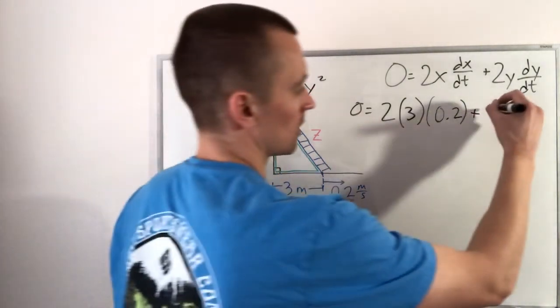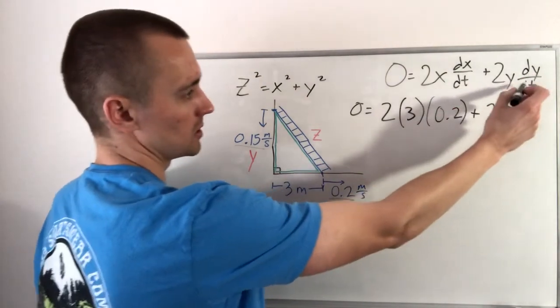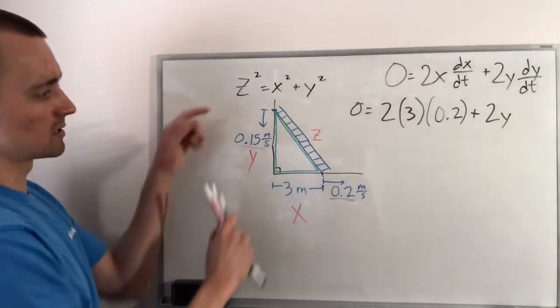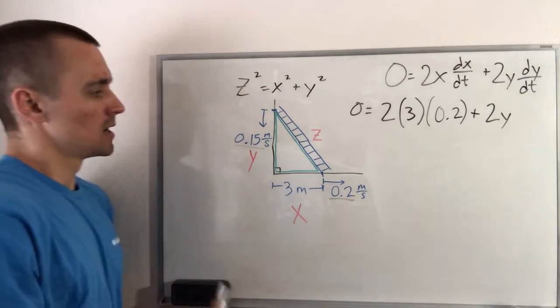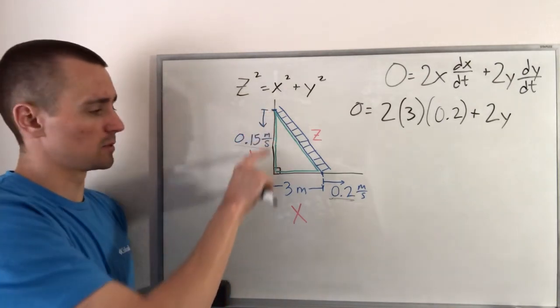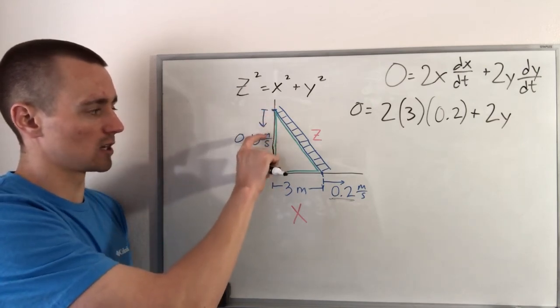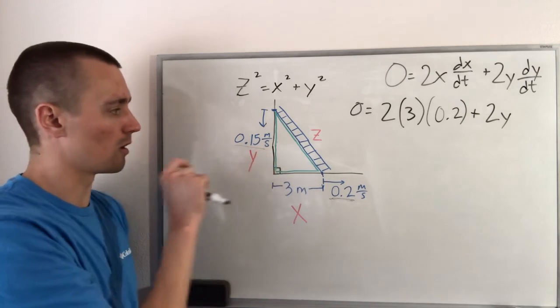Then we'll have 2y. Y we don't know, but we do know dy dt. So as the ladder slides down the wall here, this distance, which is y, which measures the distance between the floor and the top of the ladder, is going to shrink as the ladder moves down the wall.